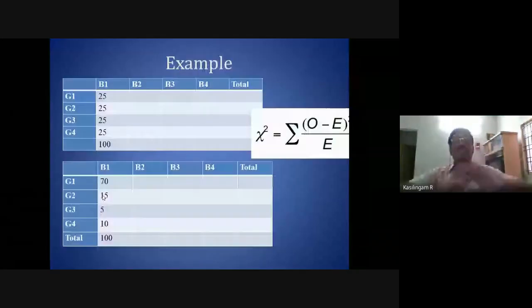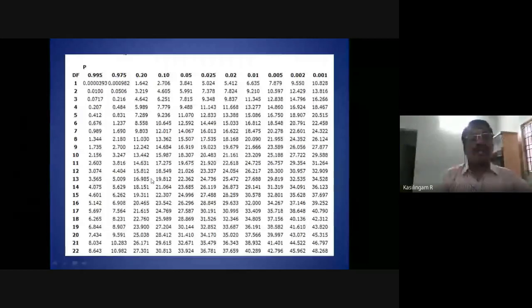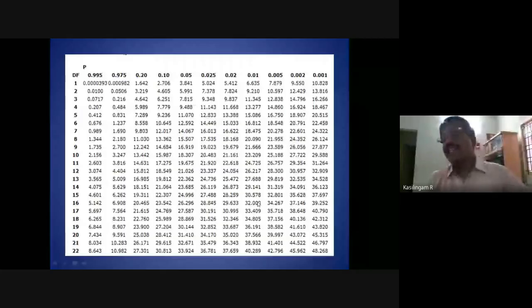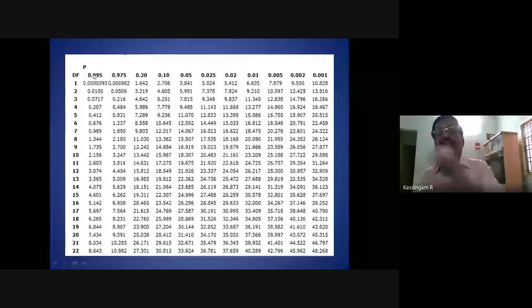Now see the table value. These are all the calculated values. At 16 degrees of freedom, the significance level is 0.995, and the values are 5, 6, 20, 23, 26, 28, 29, 32, 34, and it keeps increasing. Now look at the significance value.